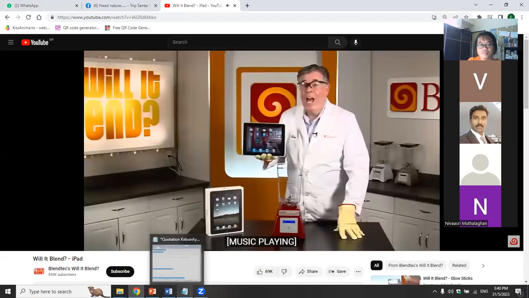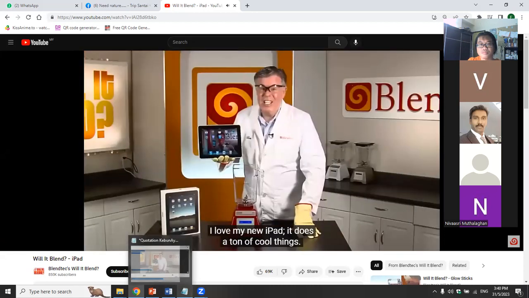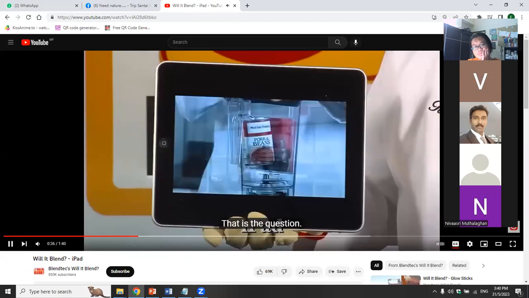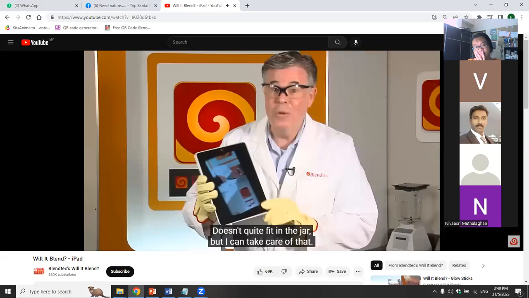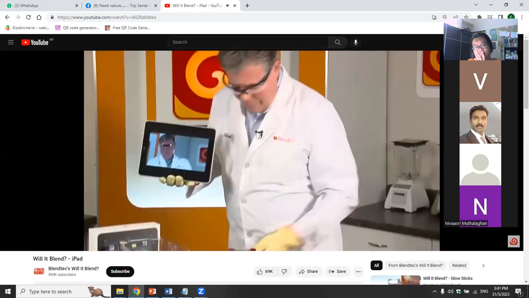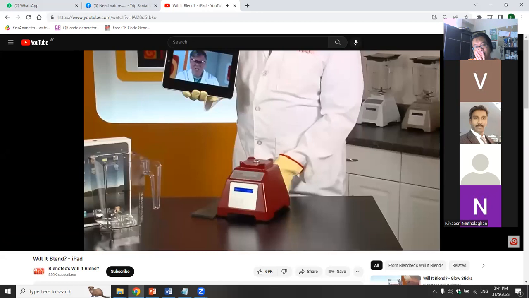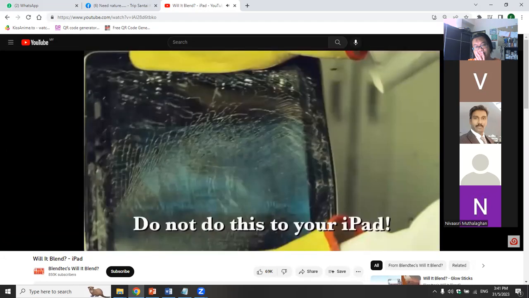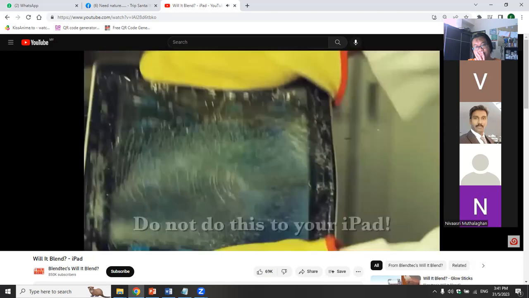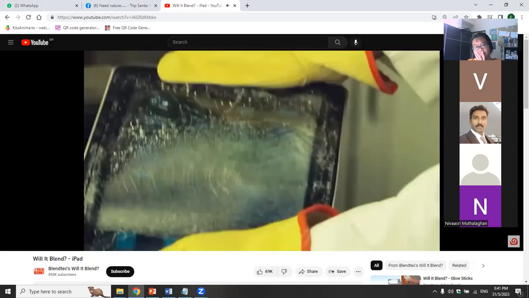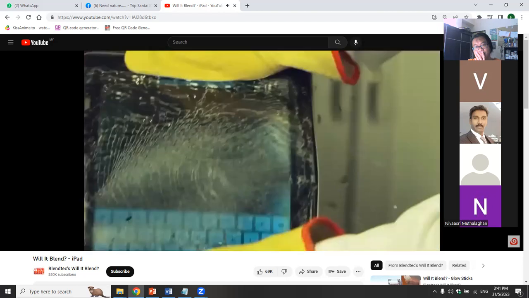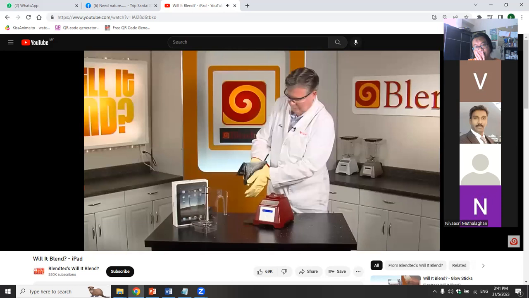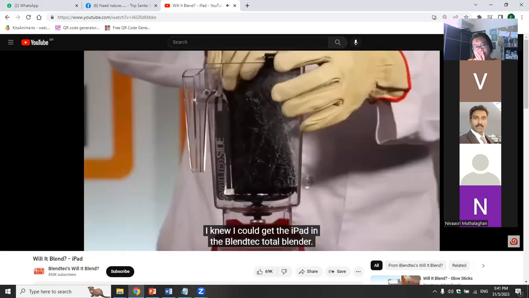Love my new iPad. It does a ton of cool things. But will it blend? That is the question. Doesn't quite fit in the jar, but I can take care of that. I knew I could get the iPad with the blend text blender.